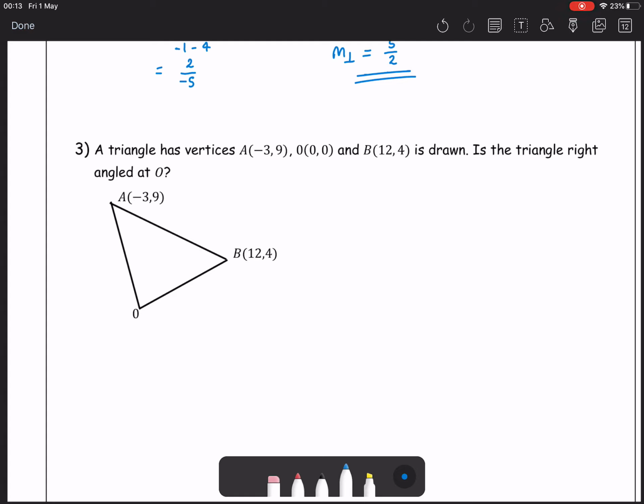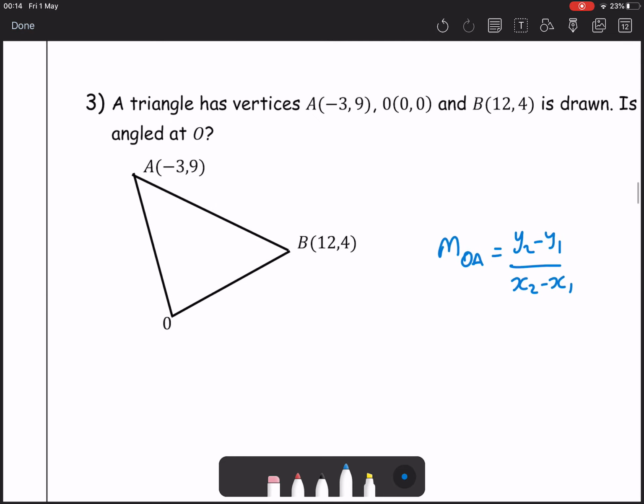So in this case I want to work out the gradient of OA, and also work out our gradient of OB.